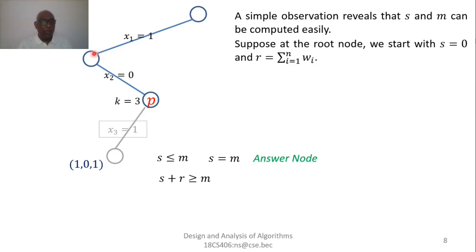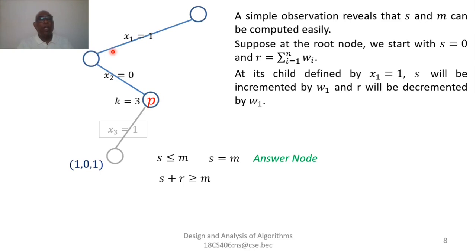Now let's see what will be the values of S and R at the node defined by x1 equal to 1. So at the child defined by x1 equal to 1, S will be incremented by W1. Previously S equal to 0. So here S will be 0 plus W1, the previous sum plus the weight that has been considered, that is W1. And because W1 is considered, R will be decremented by W1. So we find that with respect to the parent, S and R values can be very easily computed.